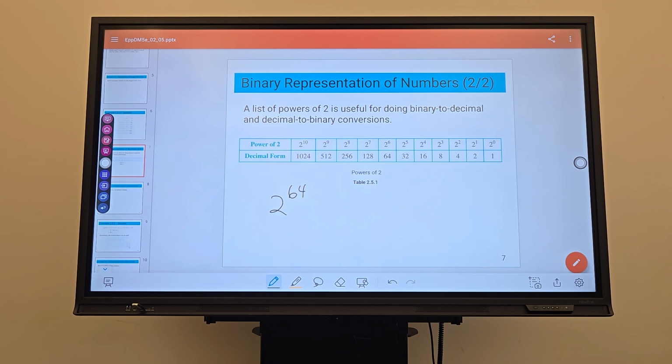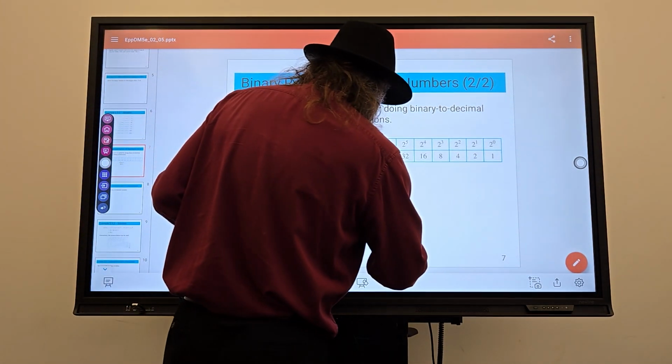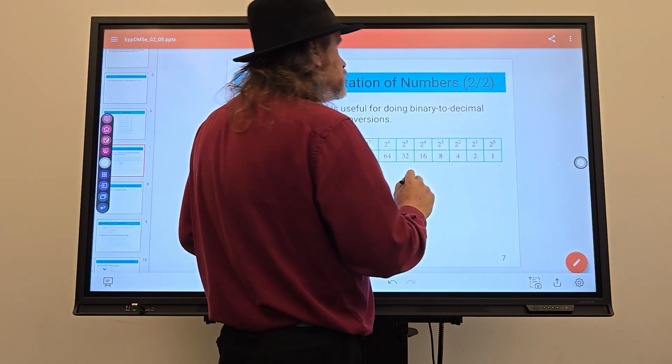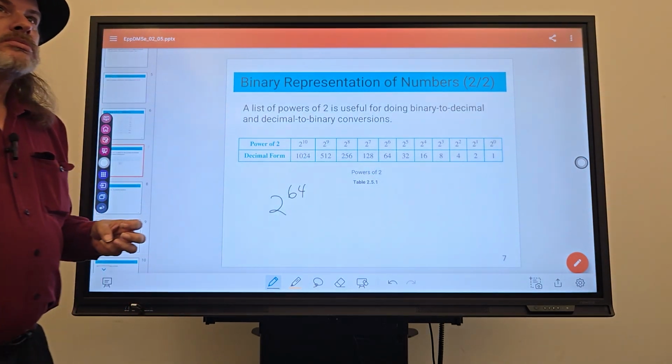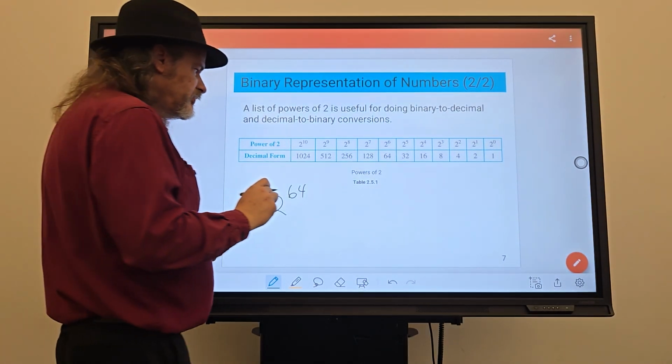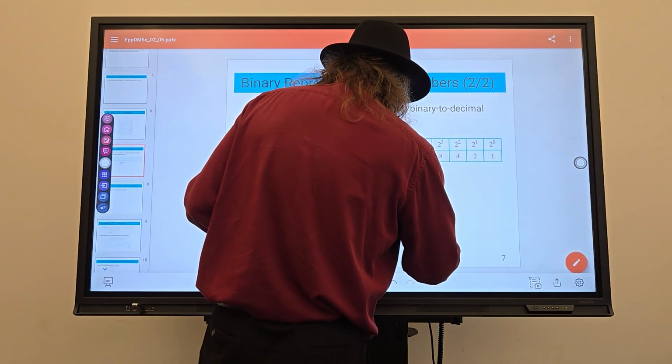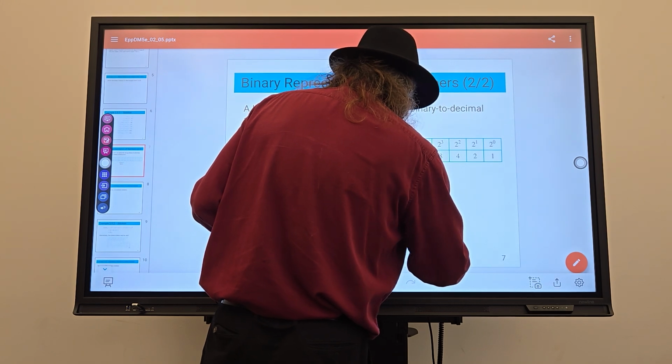A long time ago, the Windows operating system was only 32-bit, and therefore could only address, what is that, approximately 4 billion.